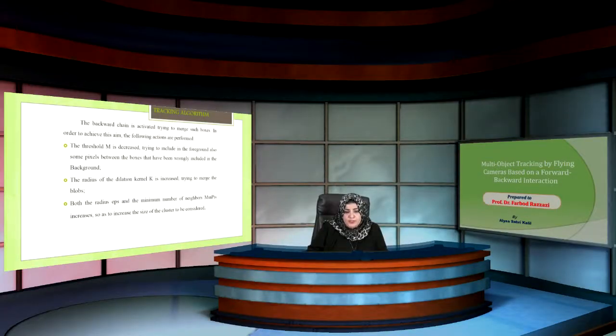In the backward chain, the algorithm tries to merge such boxes in order to achieve a better result. Thus, the following actions are performed. The threshold N is decreased, allowing some pixels between the boxes that have been wrongly included in the background to be included in the foreground.